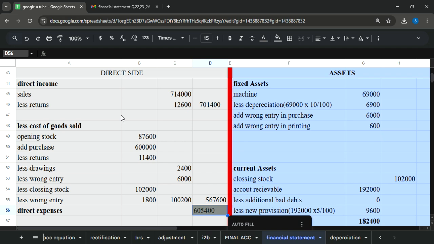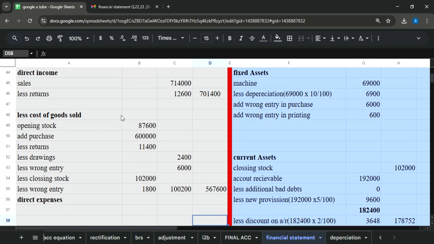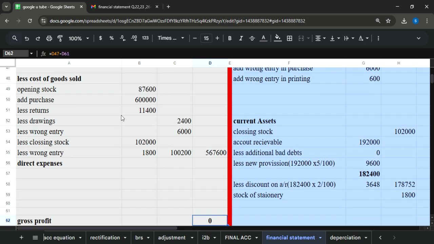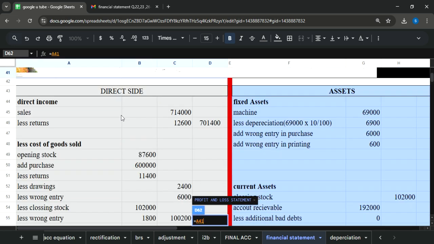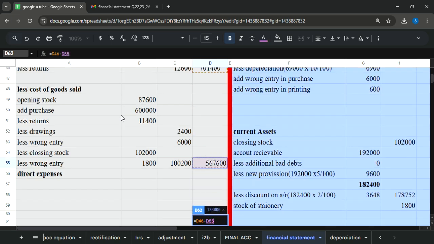So the final amount we have got is 567,600, and surprisingly there are no direct expenses. It means we can calculate gross profit directly.